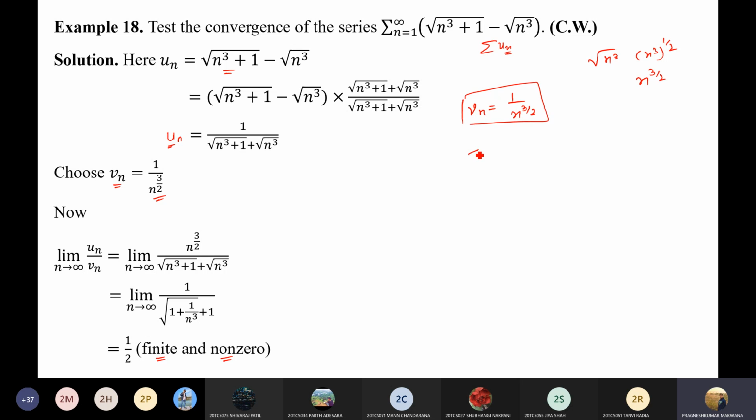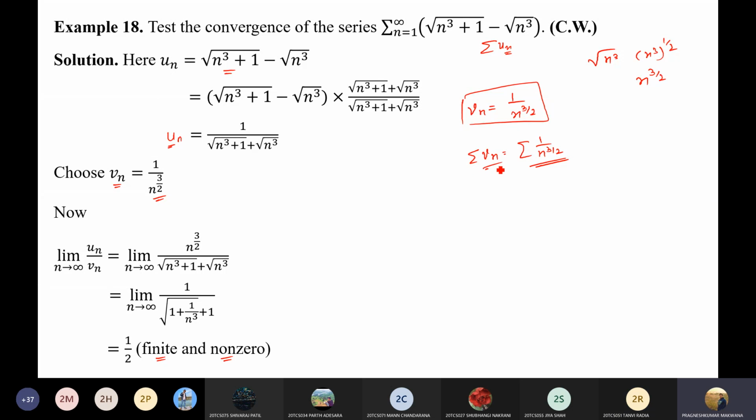Now what about the series Vn? This is a P series. Yes, sir, this one is convergent. Very good. This is convergent by using P series.